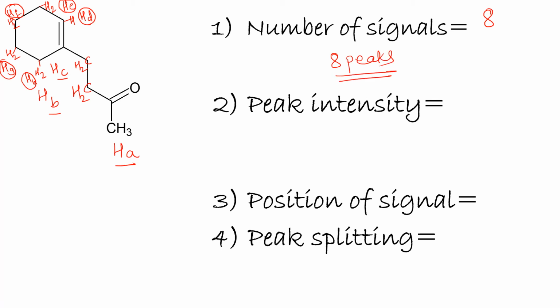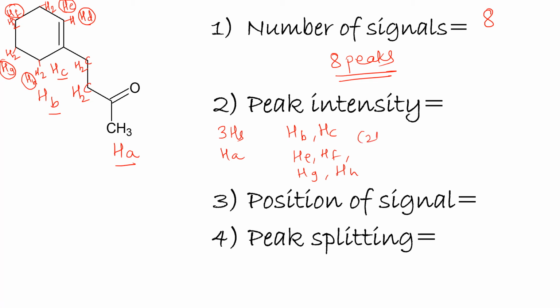What would be the peak intensity? HA represents 3 hydrogens. Then HB has 2, HC also has 2 hydrogens. Then I have HE, HF, HG, HH.